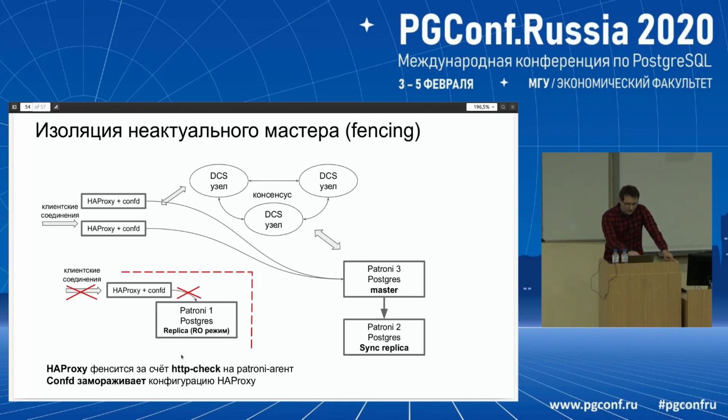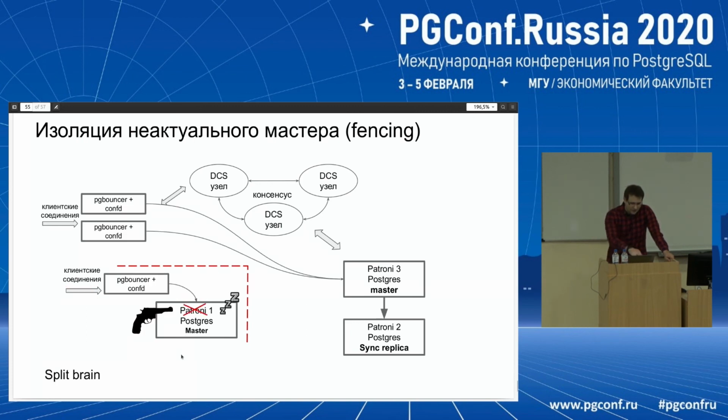And what's going to happen if we have a netsplit? Then HAProxy and Patroni will become isolated, and this link is going to kill all the connections to the previous master. We use the health check at the Patroni agent, and that's how it kills them. But there's also the Consul thing. It will freeze the configuration if it becomes isolated from the DCS cluster.